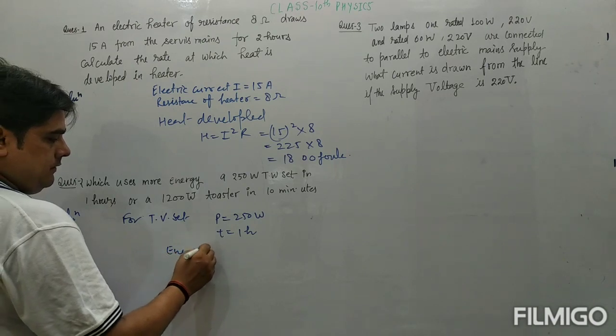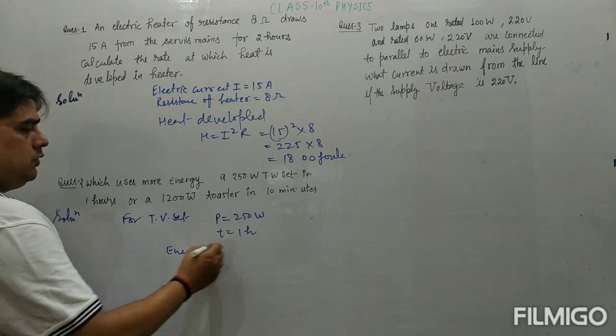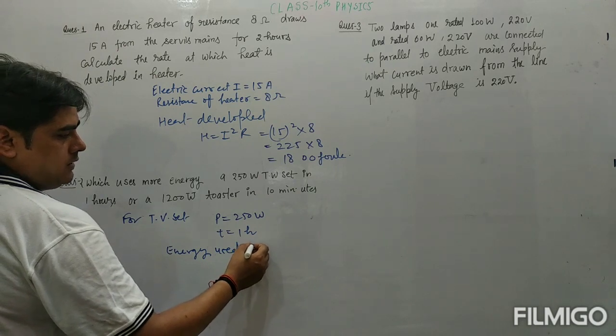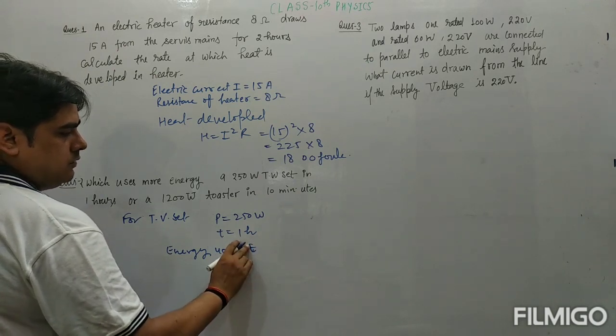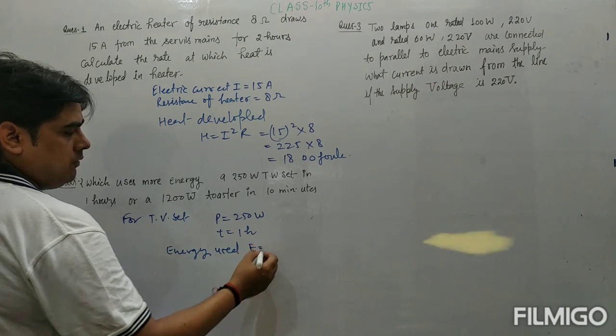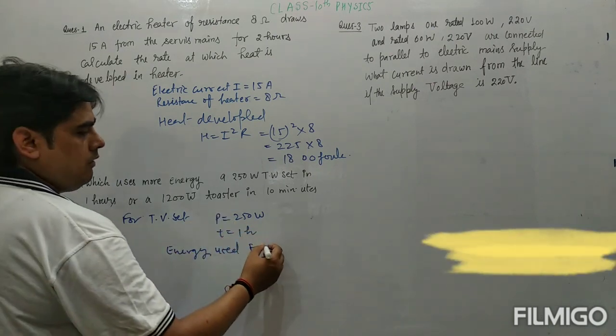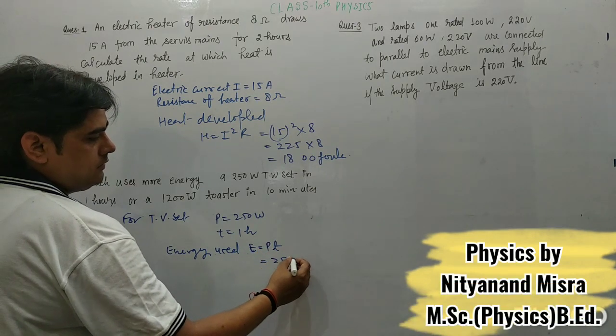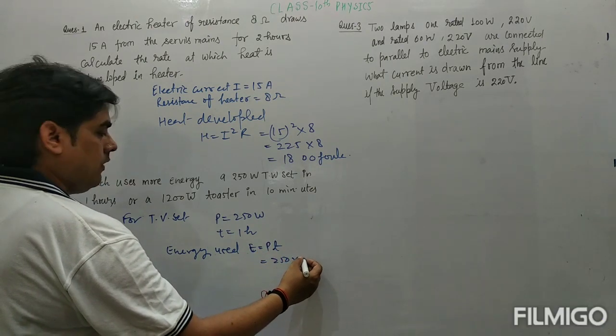So energy used is equal to PT. P is in watt and time is in hour.